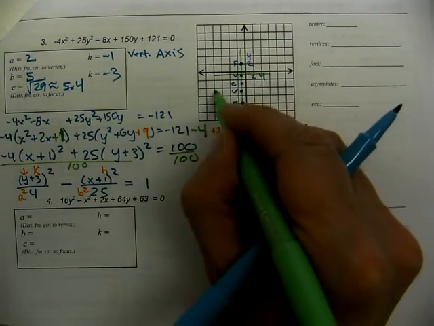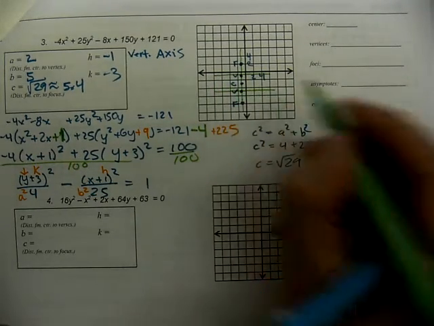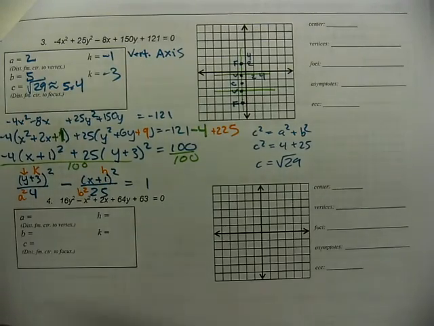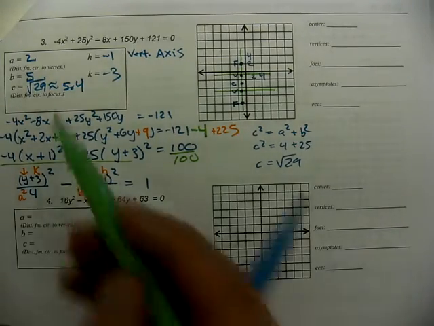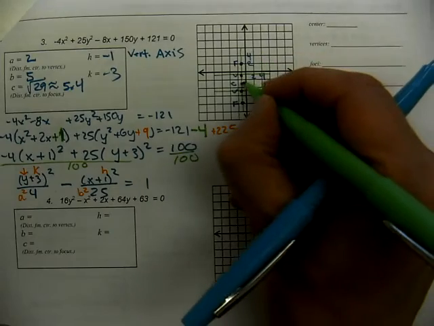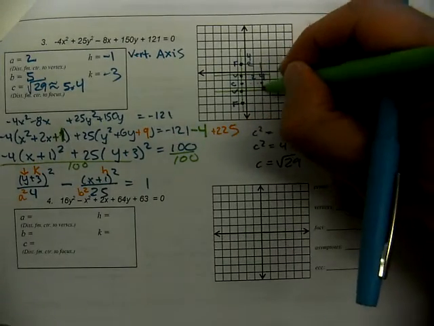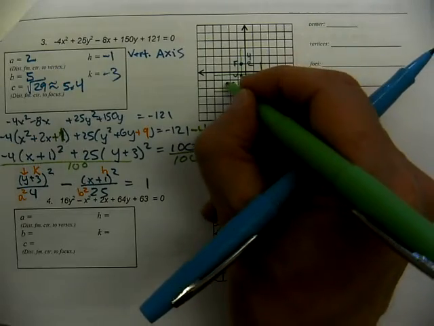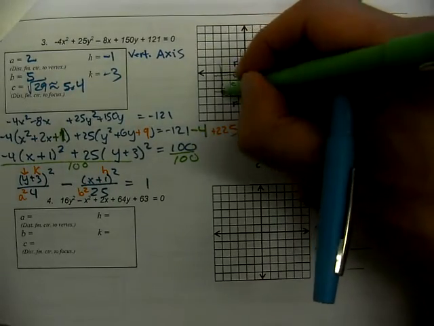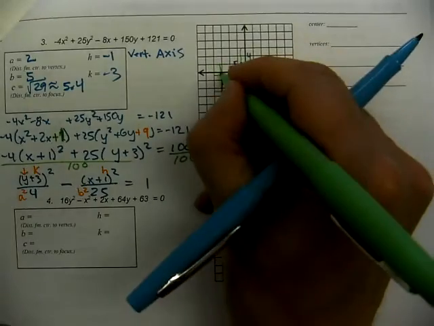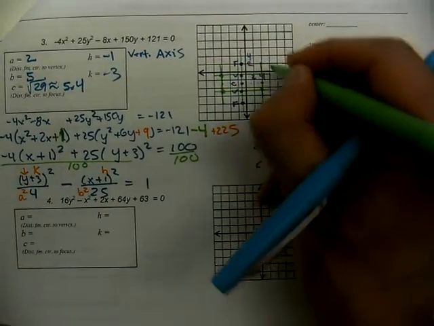Right, so the vertices are creating the upper and bottom. We need the value of b, which is 5. So 5 units from the center to the right and to the left to create the right side and left side. All right, so there's our box. We want those 4 vertices.